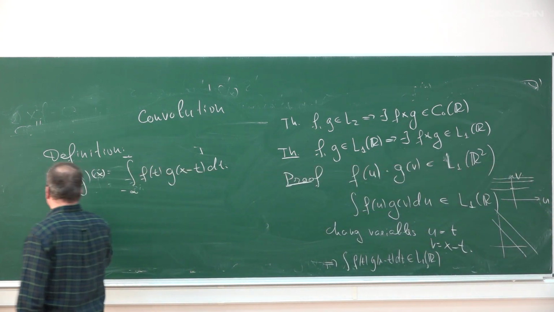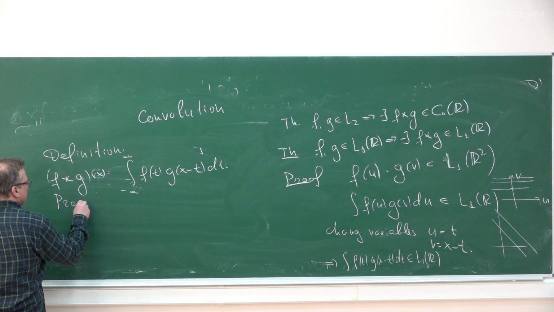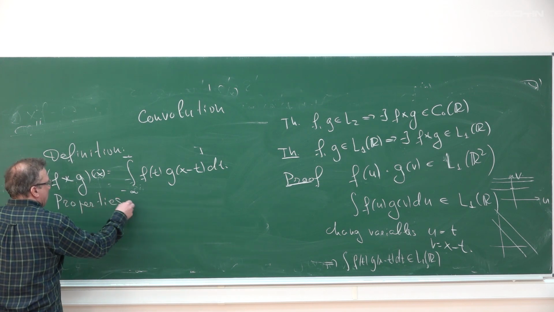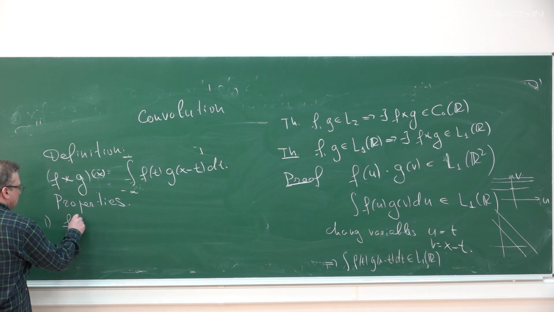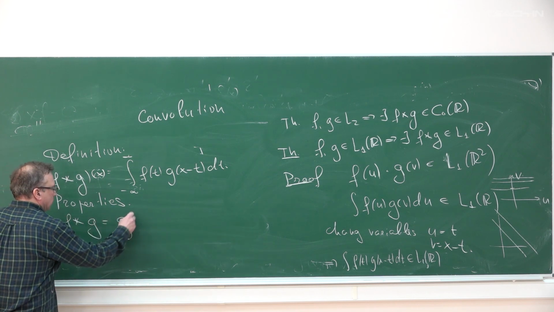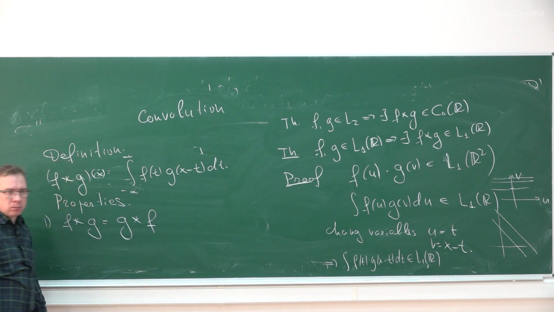Properties of convolutions. Is it clear or not?